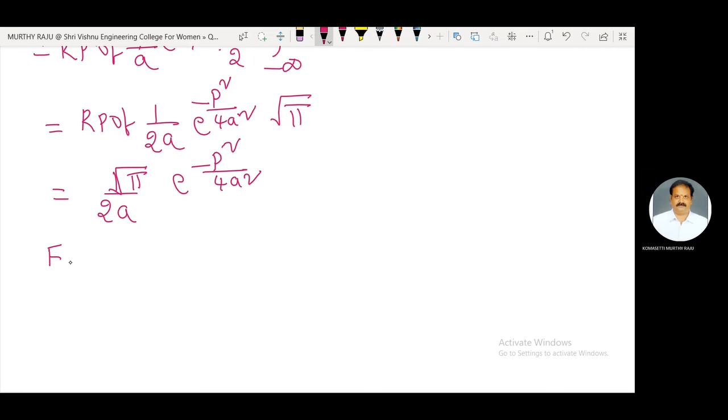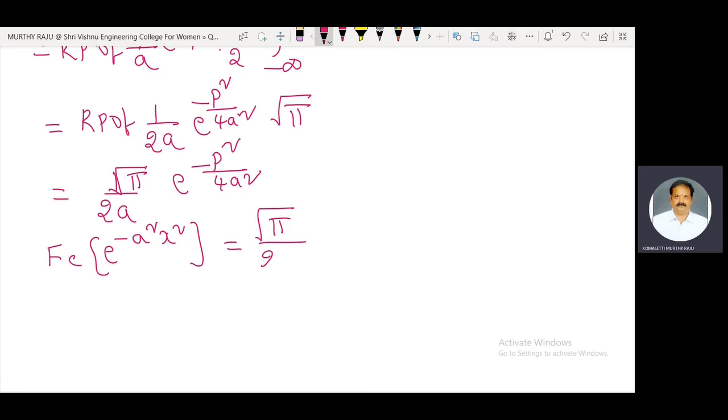Fourier cosine transform of e power minus a square x square is equal to root pi by 2a e power minus p square by 4a square.